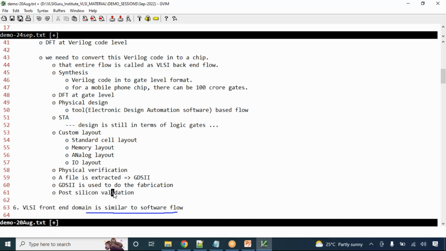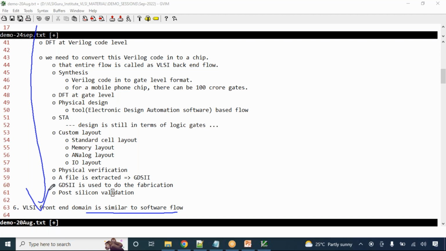So what we tried to do is understand the entire flow. Where did the flow start from? Requirements. Then it went through various stages like architecture, then design, then integration, then functional verification, then some amount of DFT. We did DFT at the coding level.